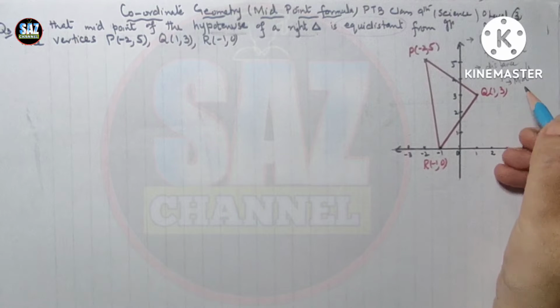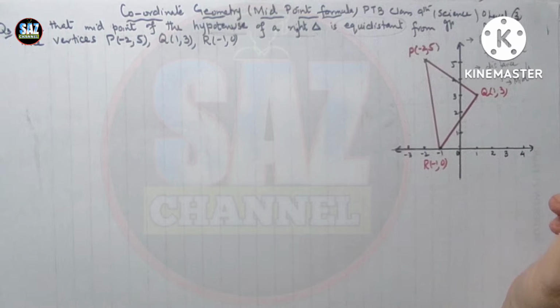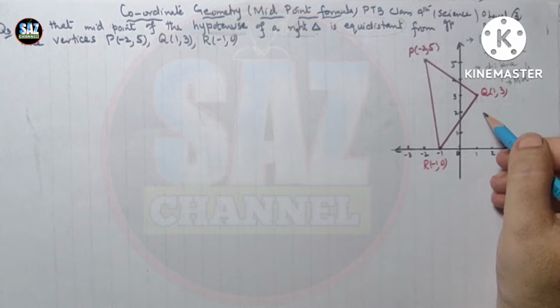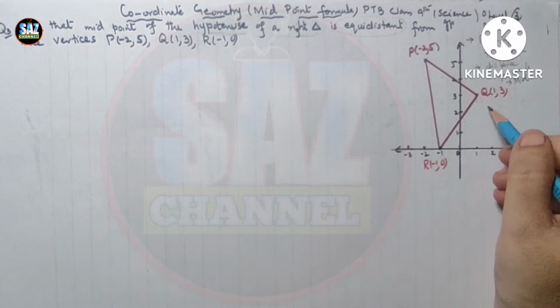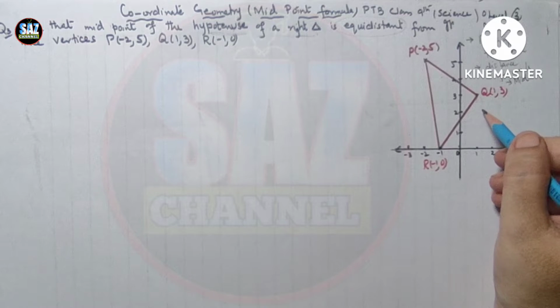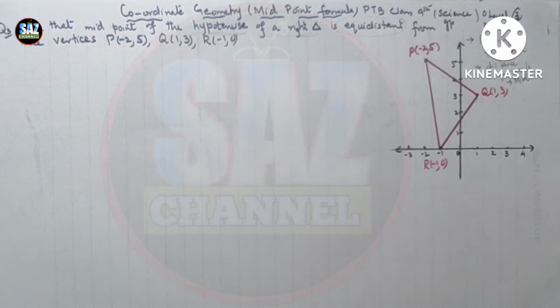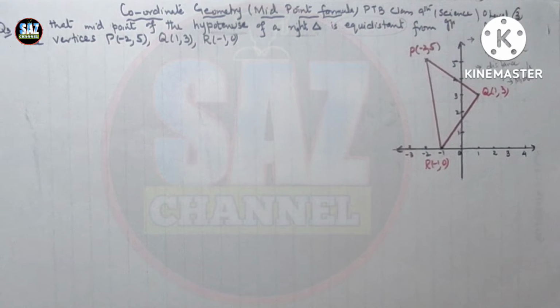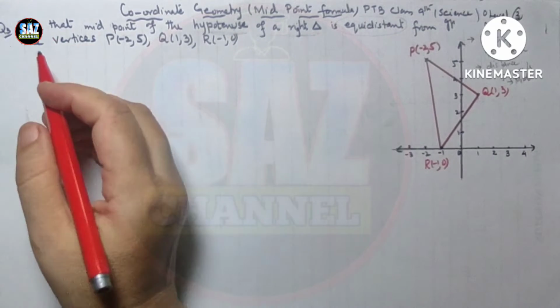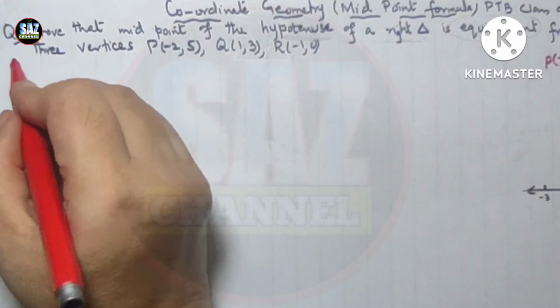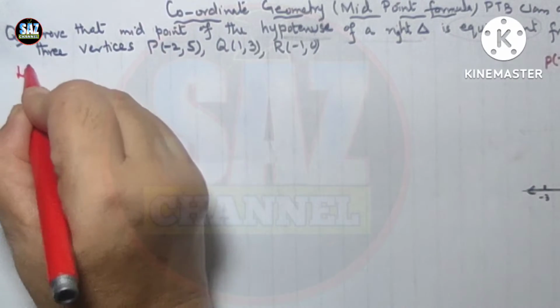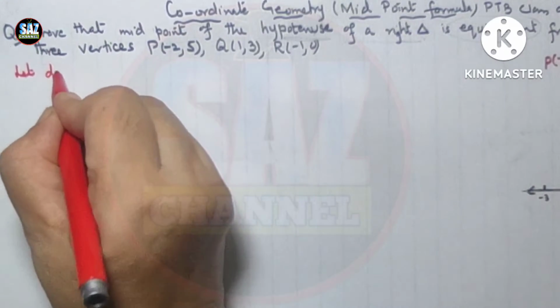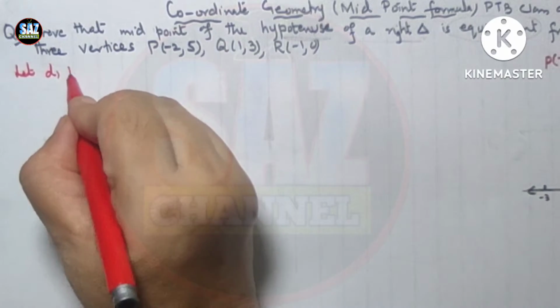So in order to prove that this triangle is a right angle triangle, first we have to find all three distances. So let's begin. Distance PQ, let D1 be the distance PQ.